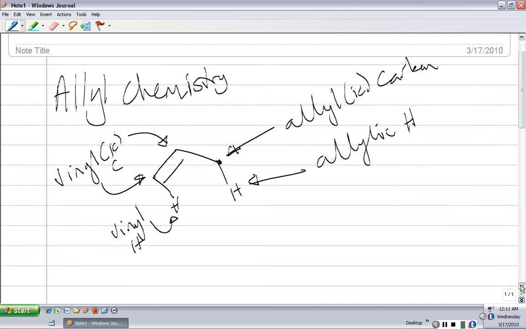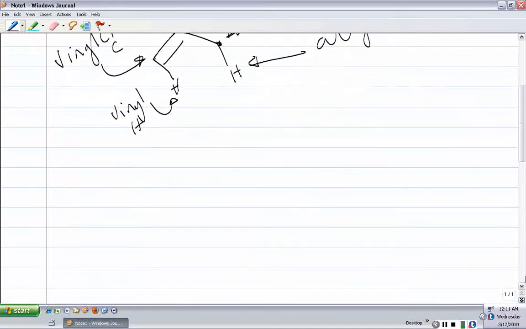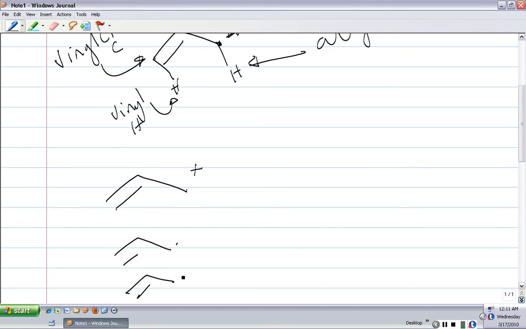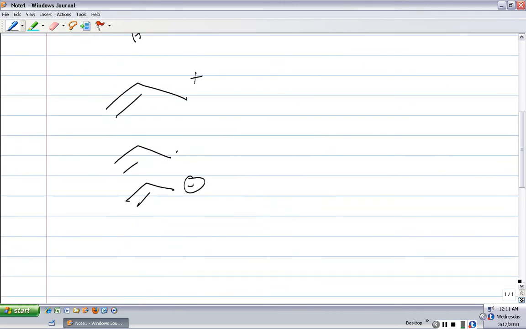It turns out that allyl species are very stable because regardless of the character of an intermediate at the allyl position, whether we're talking about an allyl cation, an allyl radical, an allyl anion, or some species that simply has a lone pair of electrons in that position, for example, I could have an oxygen here with a lone pair, attached to, say, an alkyl group of some sort, I will have resonance.